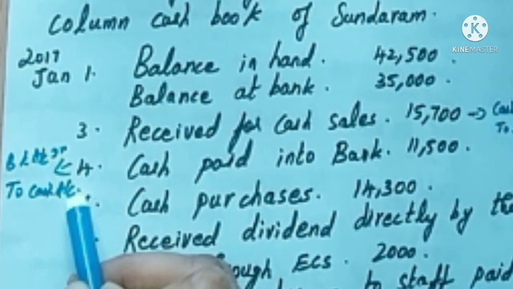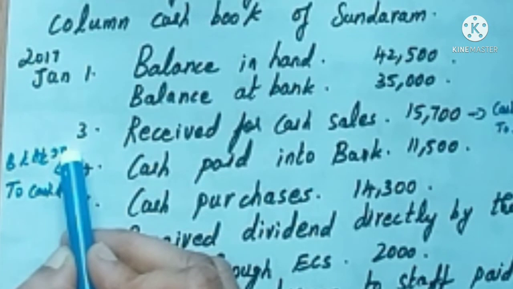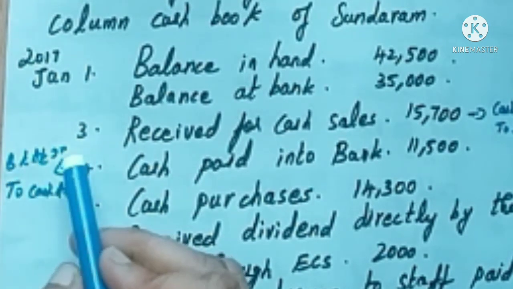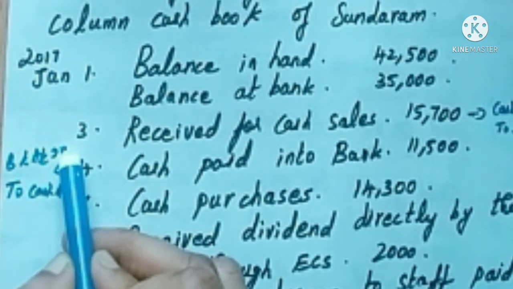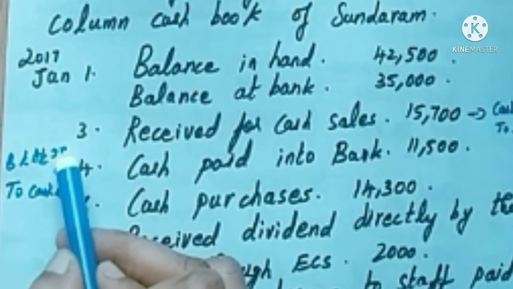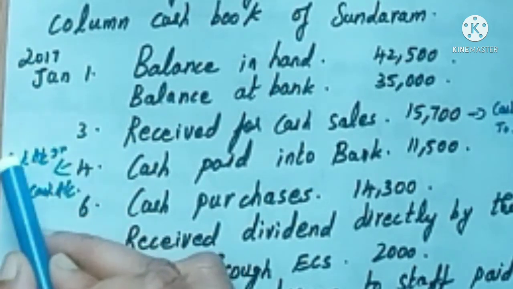Amount is rupees 11,500 and this 11,500 we have to write it in the bank column. Okay, because bank account is debited. So I am going to write the amount in the bank column.